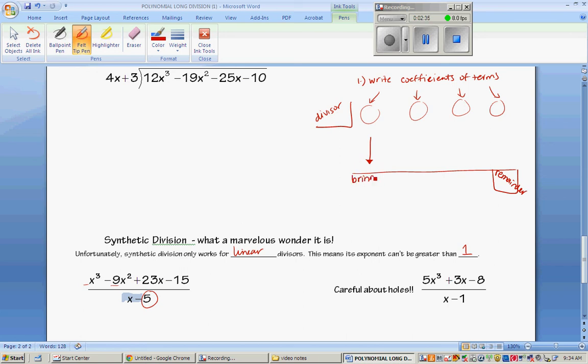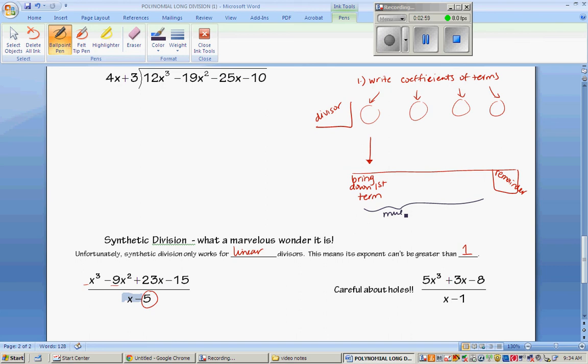Bring down first term. And once you've done that, you're actually ready. You have your setup done. Now you're ready to do the synthetic division, and we will do both of these examples. It'll make much more sense. But what you do is you take this divisor and you multiply it by the numbers down here.